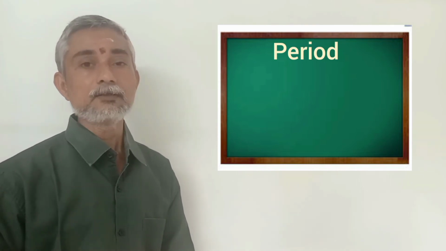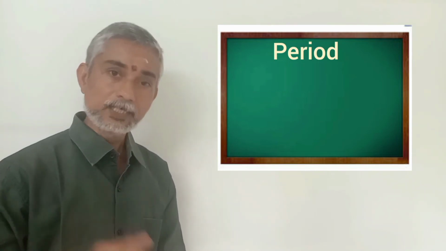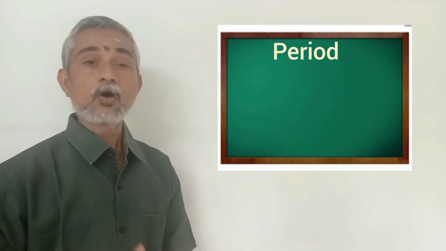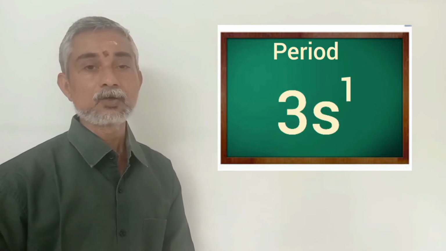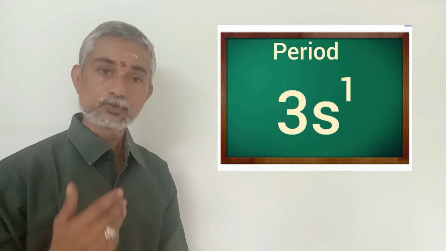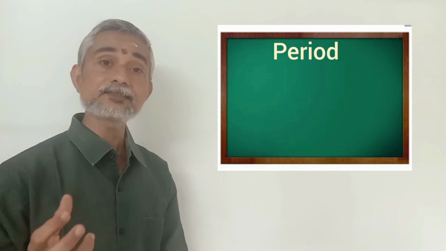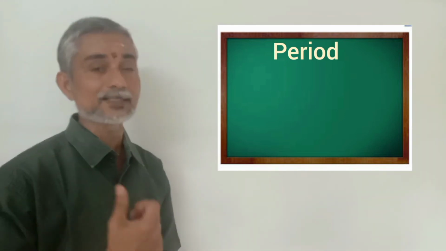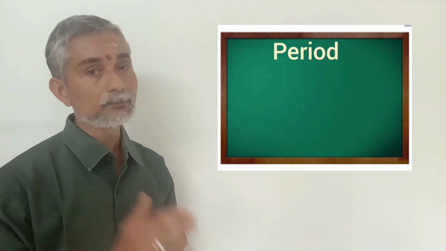For example, in the case of sodium, atomic number 11, we write 1s2, 2s2, 2p6, 3s1. The last electron comes to the 3s subshell, so 3 is the period.